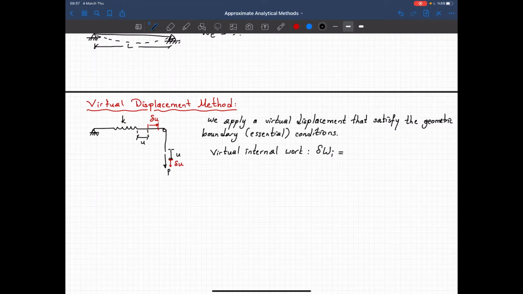So internal force is equal to K times U, and the virtual displacement is del U. Now let's calculate the virtual external work. It's basically force times the virtual displacement.